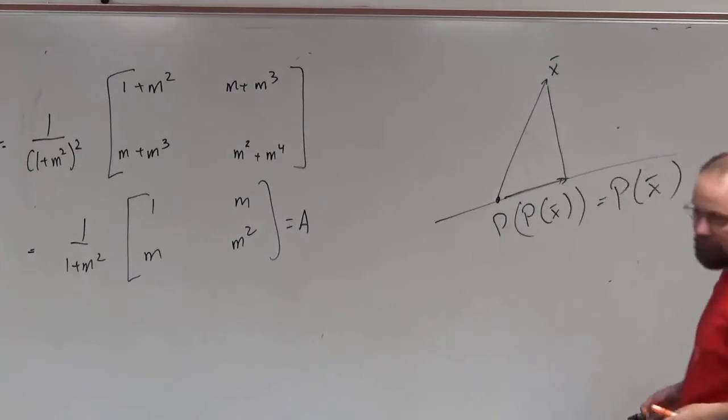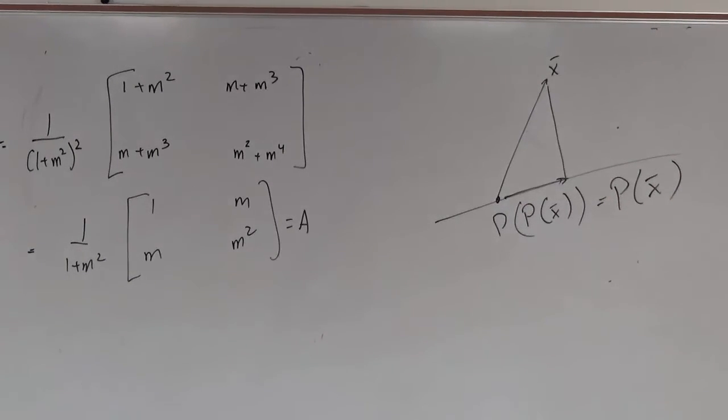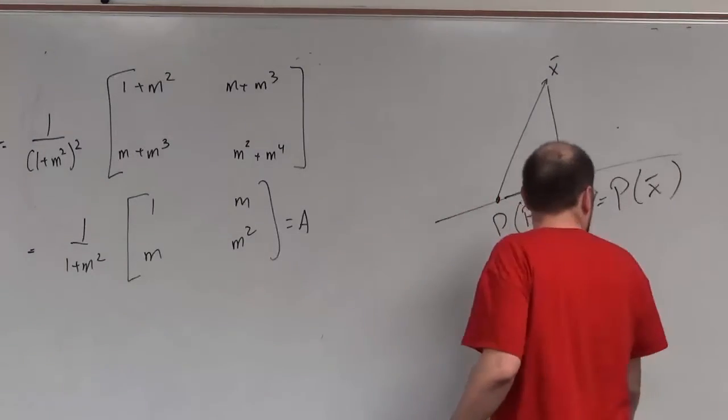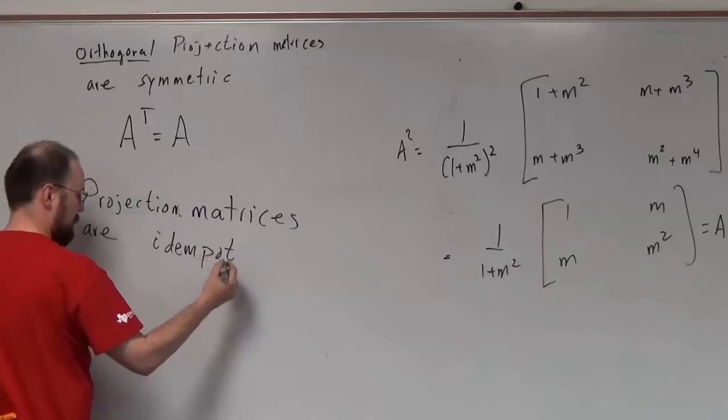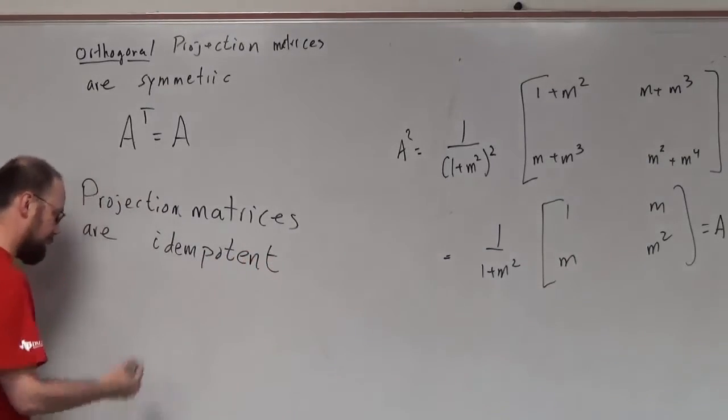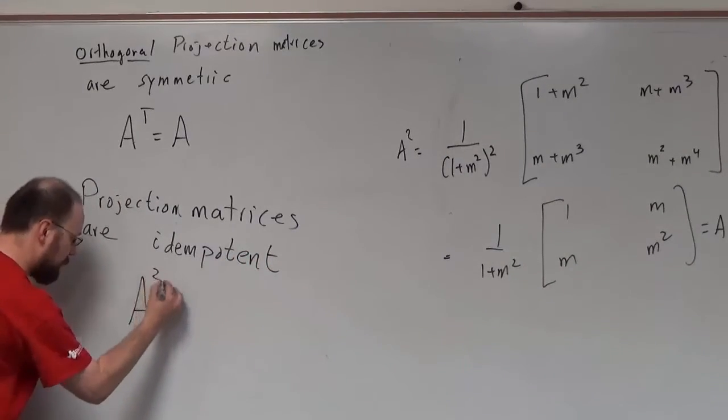So geometrically, it makes sense. You just need to project once and then you're done. So that's another key property of orthogonal projections, or projections in general. You don't need to know the word idempotent, but you'd say A squared equals A.